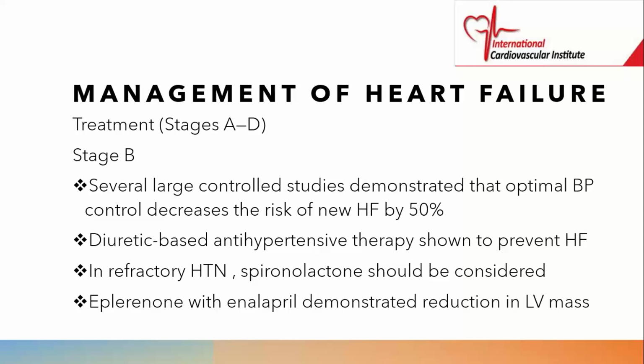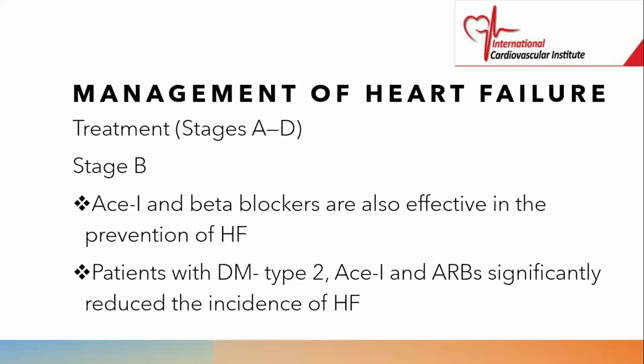In refractory hypertension, you're going to use your Aldactone or your eplerenone. Okay, so it's important. I have a very low threshold for using Aldactone in my refractory hypertensive patients. So remember that if the patient's blood pressure is difficult to control, you have aldosterone antagonists there.